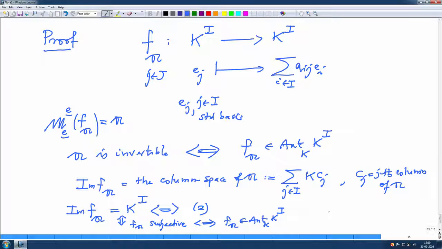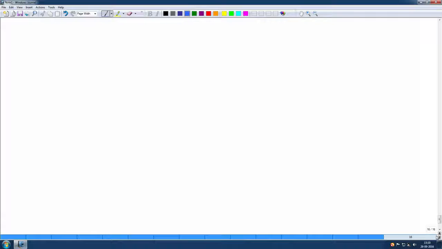So replace F_A by F_A transpose, or F_A star, whichever. Then the remaining are equivalent, that is clear. So that proves the lemma. All right.